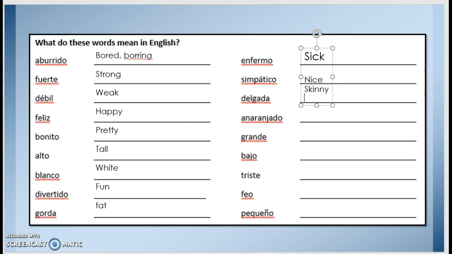Delgada, skinny. Anaranjado is orange. Grande, big. Bajo is short. And triste is sad. Feo means ugly. And pequeño means small.